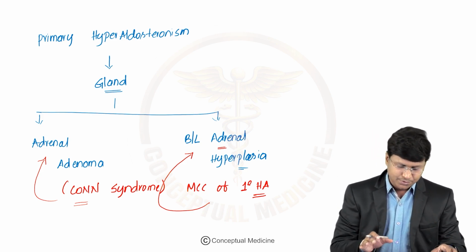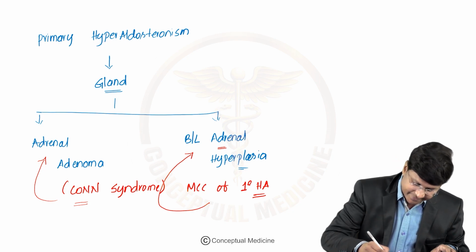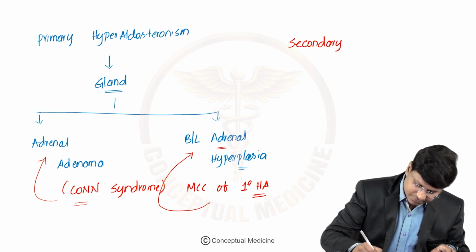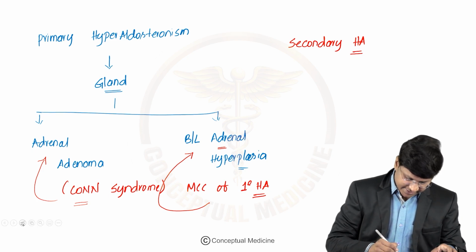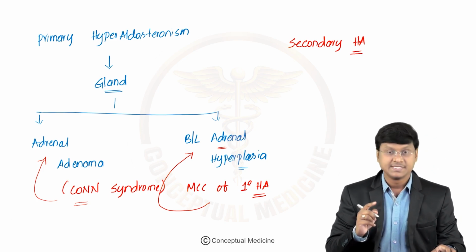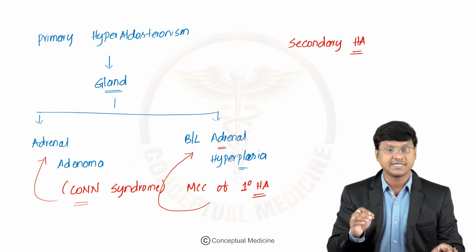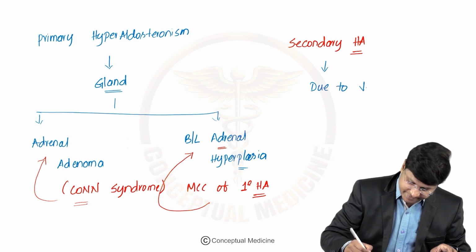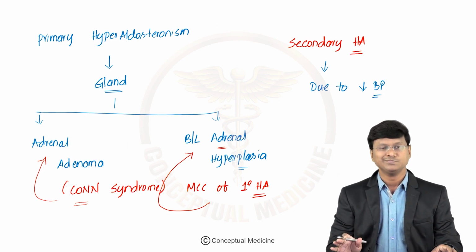Now you should know what is the secondary hyperaldosteronism. Secondary hyperaldosteronism is a condition due to decrease in the blood pressure of the individual for any reason.